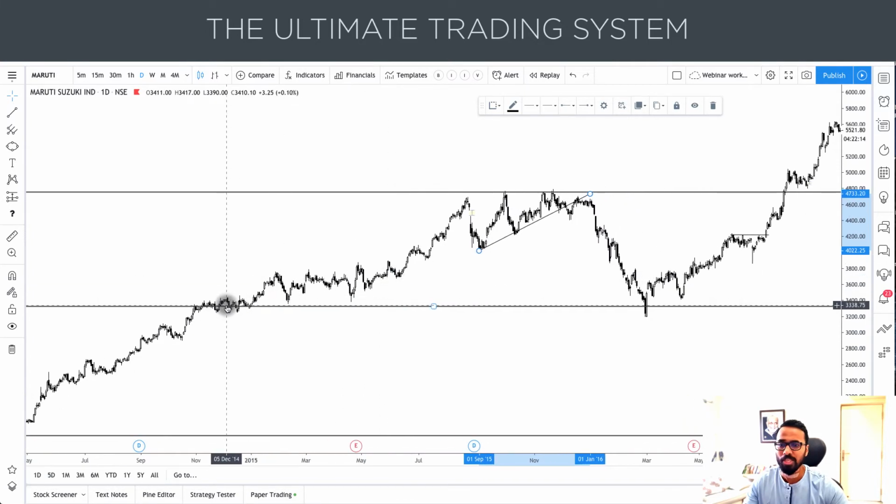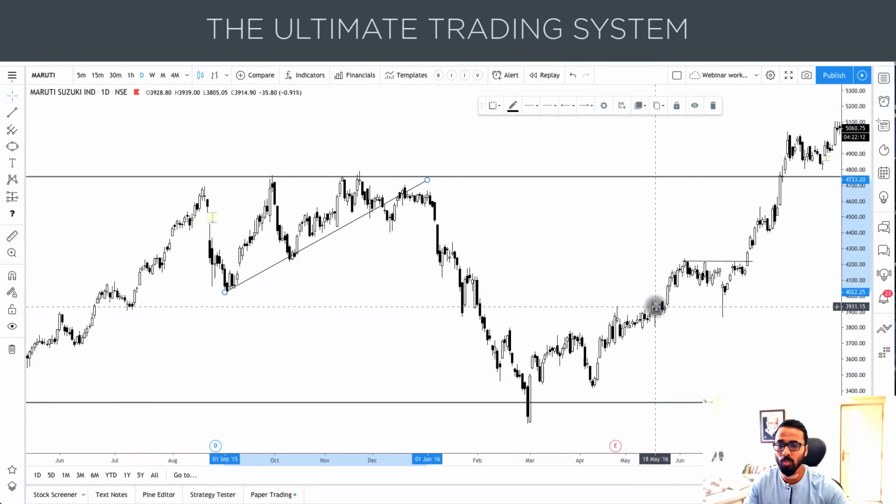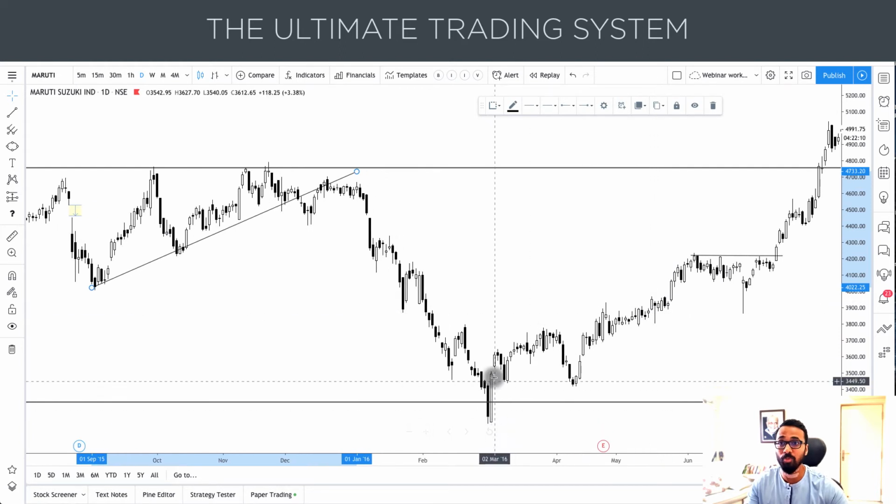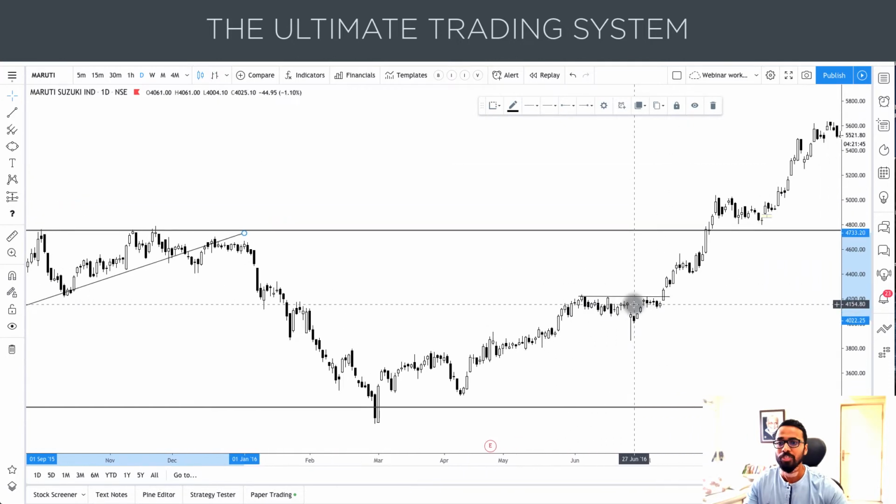And when you have a big white candle at the support level, you can take a long position, and you see the midpoint of this candle can act as support. So you can take this long position, then wait for it to retest these levels, and then take the position again. So moving on.